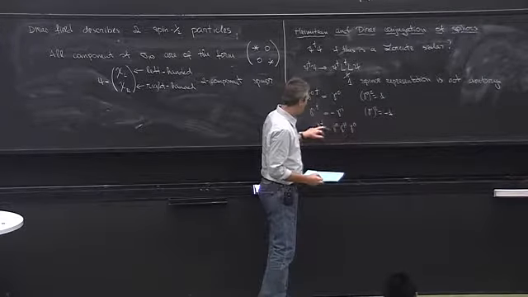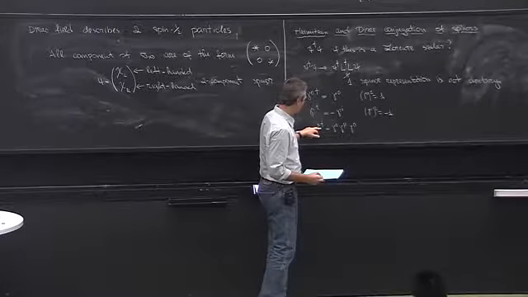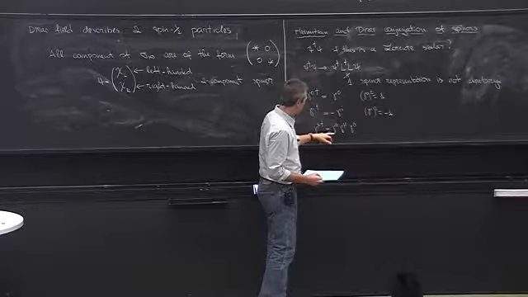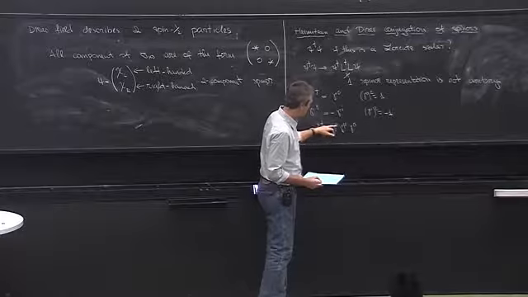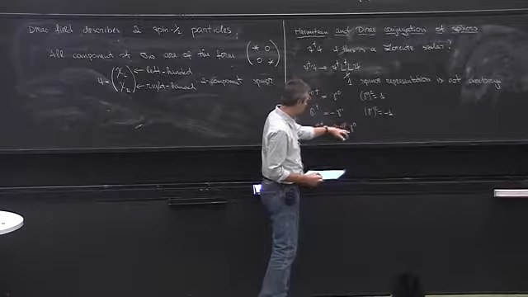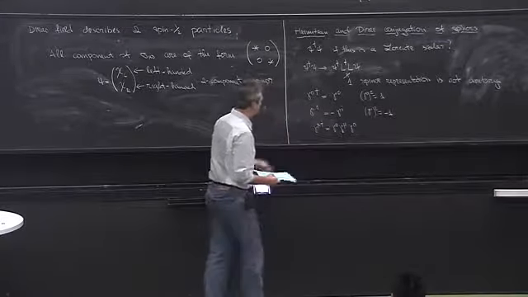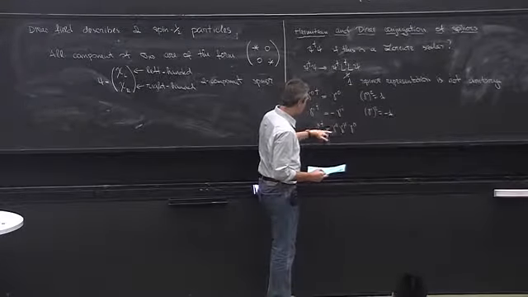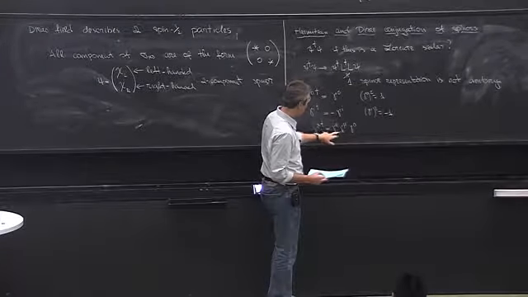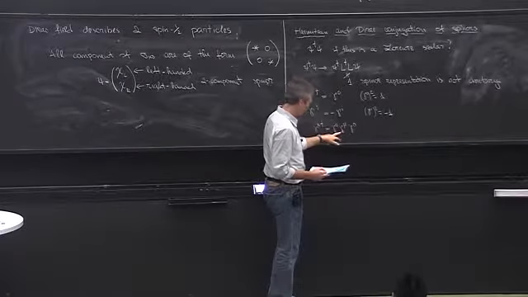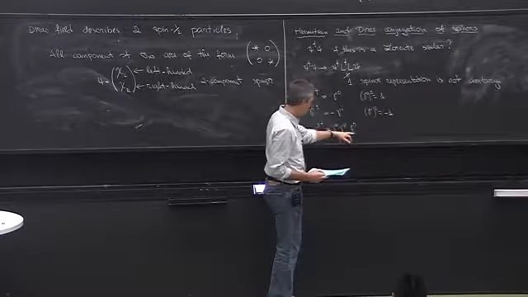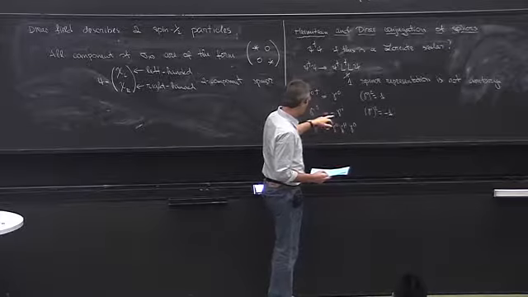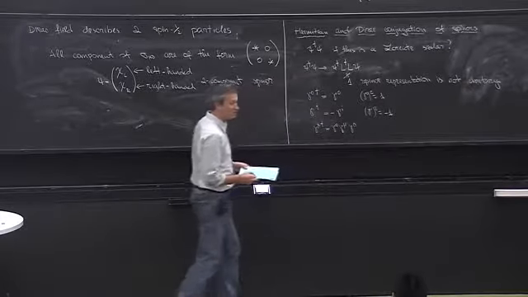If index mu is 0, then we get gamma 0 squared, so only gamma 0 remains. We get this equation. Now, if this is a spatial index, then gamma 0 can be anti-commuted to the right, and then squares to 1. And so this equation is also satisfied.